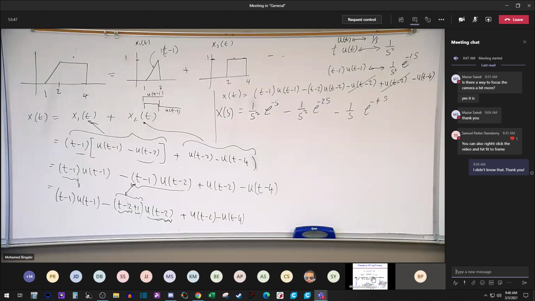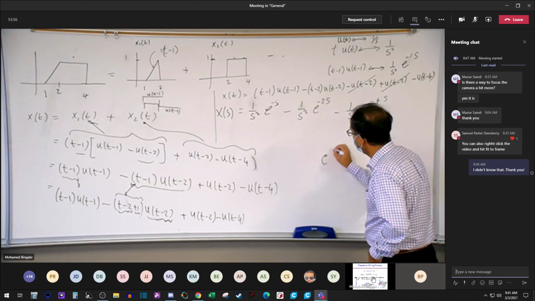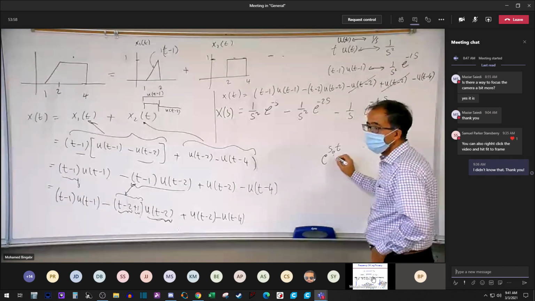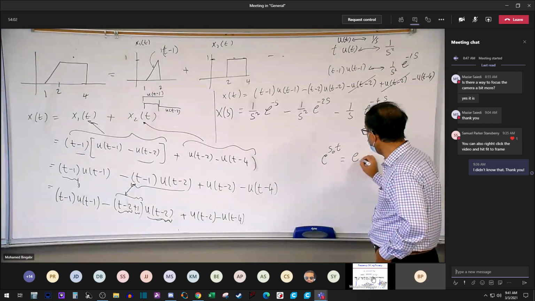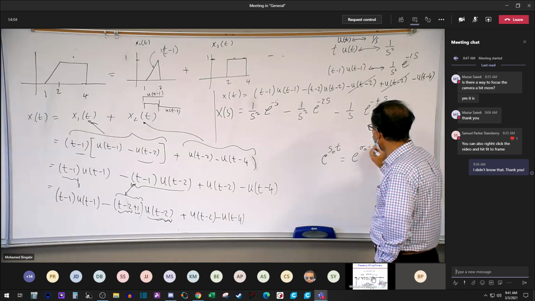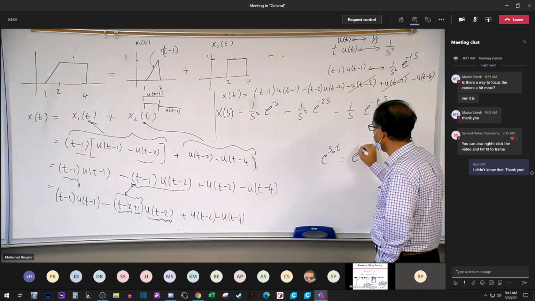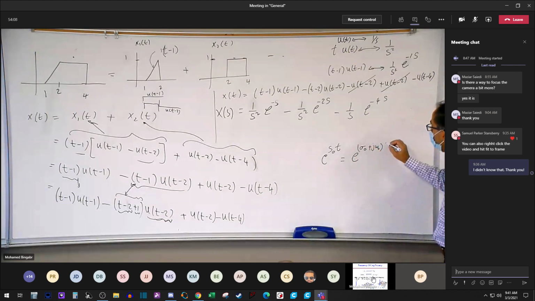Now, if I multiply the signal by e to the s0 t, where s0 is just sigma plus j omega, that's the same as e to the sigma 0 plus j omega 0, times t.